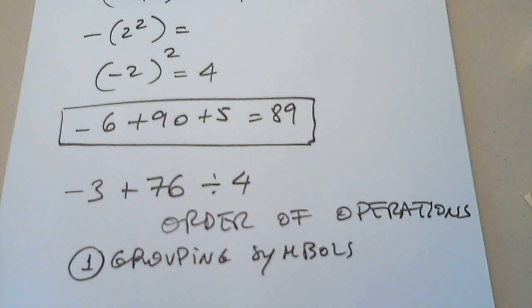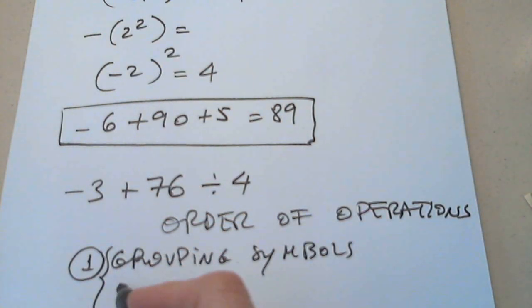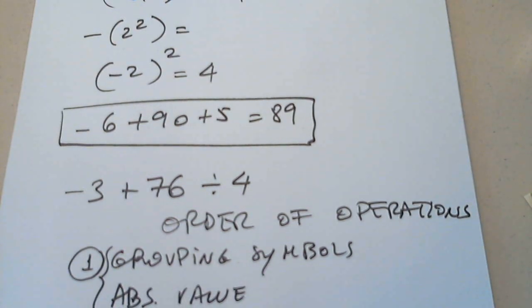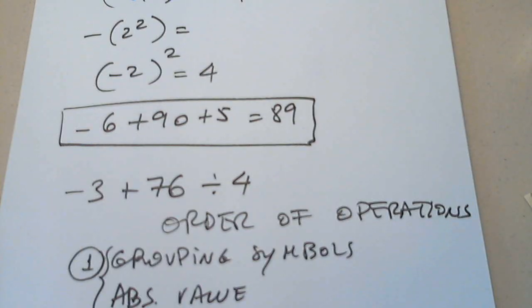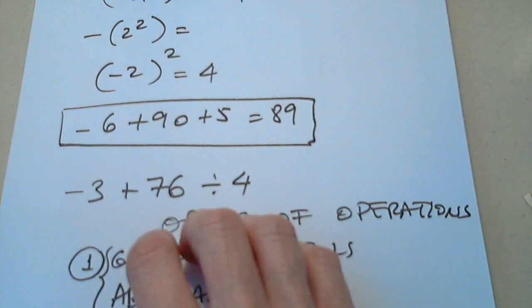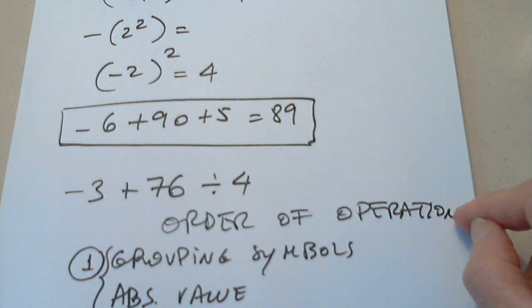Although the absolute value is not a grouping symbol, I'm going to add it here in step 1. Absolute value. So step 1, my first concern ever is, are there any absolute values to work on? Are there grouping symbols to work on? If there are, that will be my starting point, applying the order of operations.